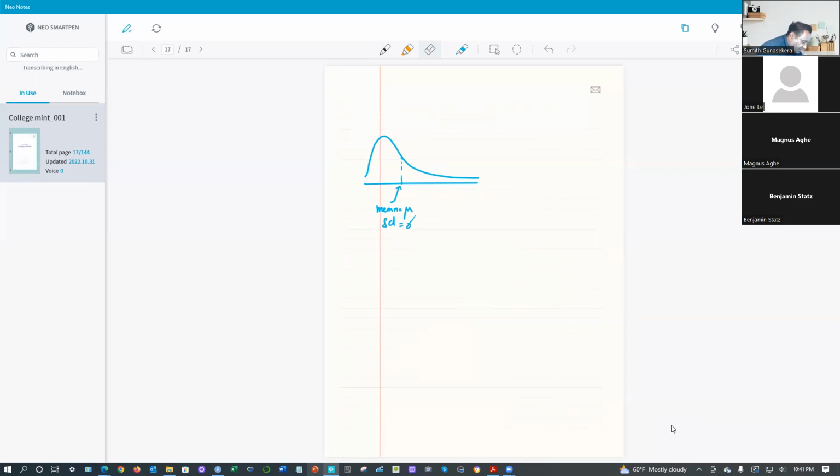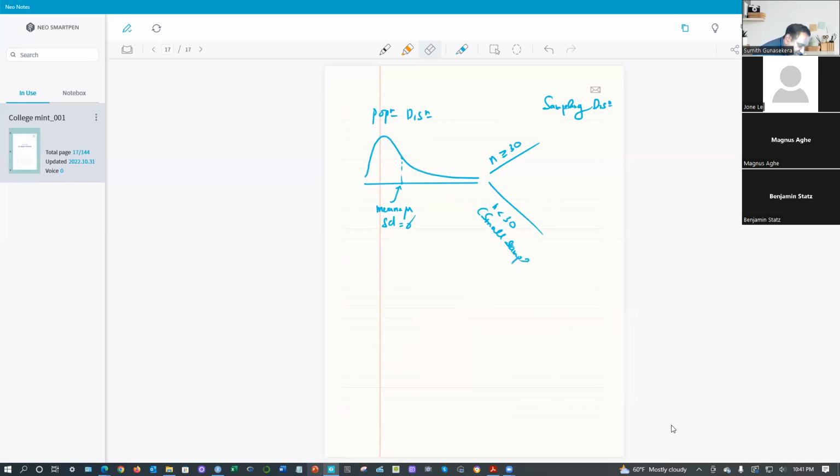This is the population distribution, which is asymmetric. This is the sampling distribution here, based on the size, when n is greater than or equal to 30, or n is less than 30, a small sample. That's the cutoff value.